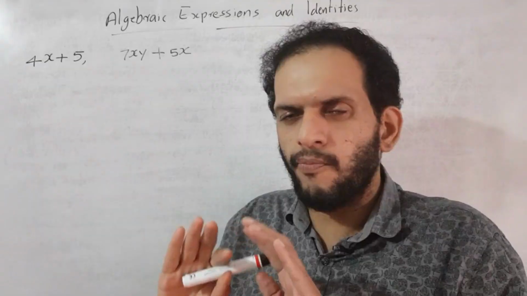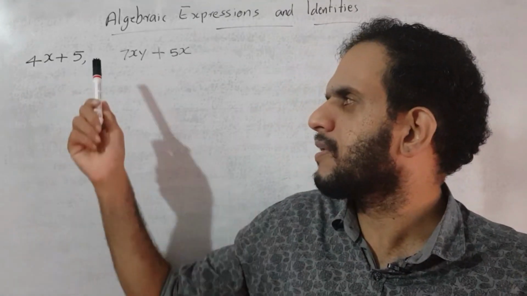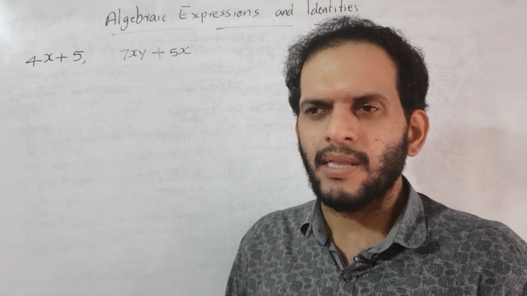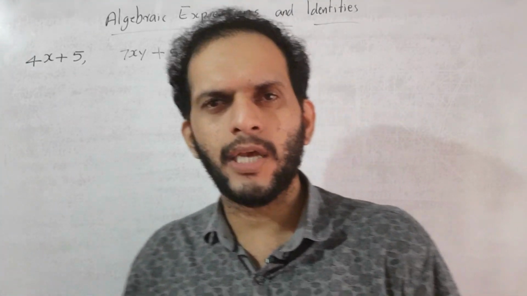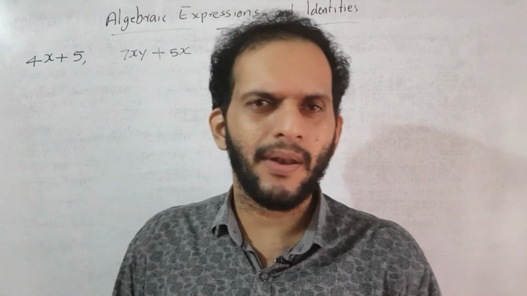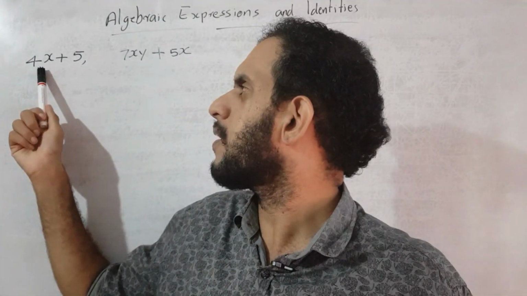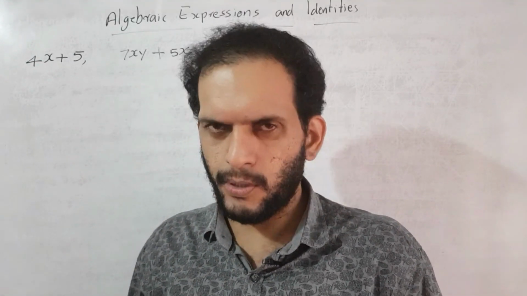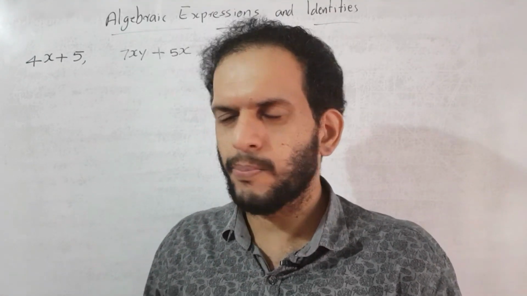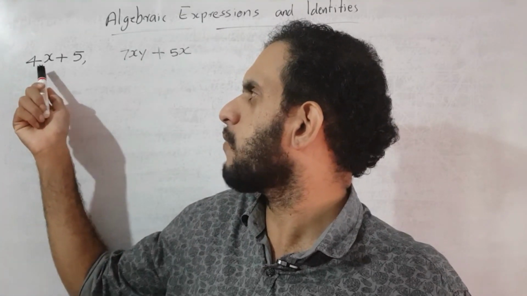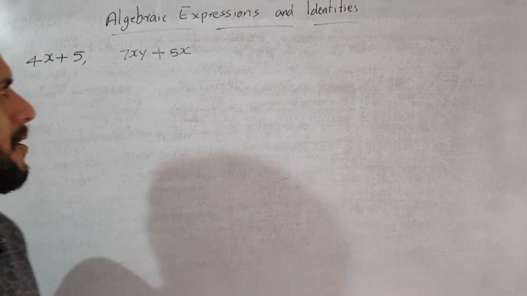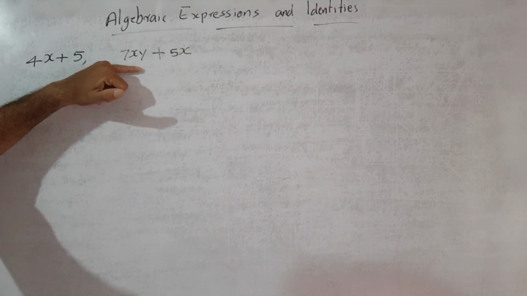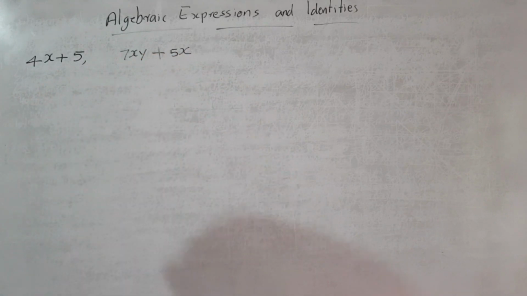What are we adding to form an expression? Here we add 4x and 5. We call 4x and 5 the terms of the expression. The first term of the expression is 4x and the second term is 5. In the second expression, 7xy is the first term and 5x is the second term.